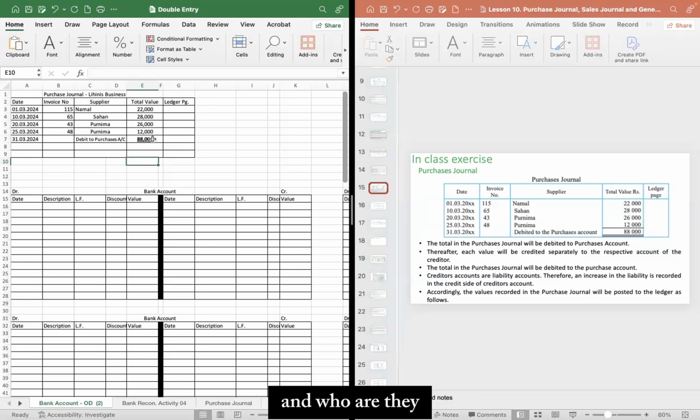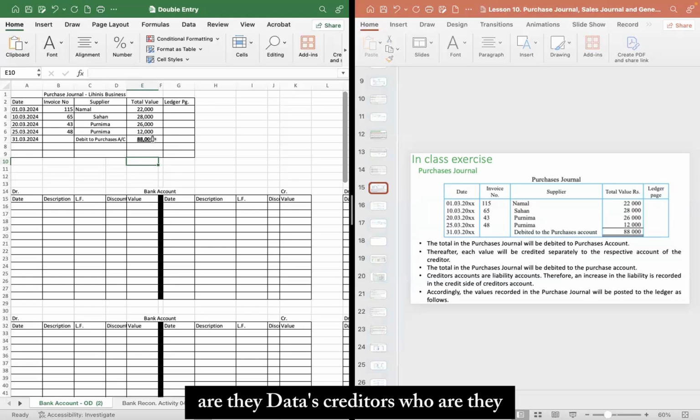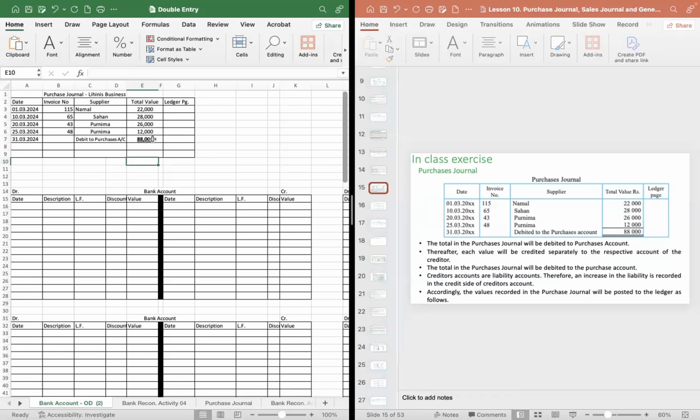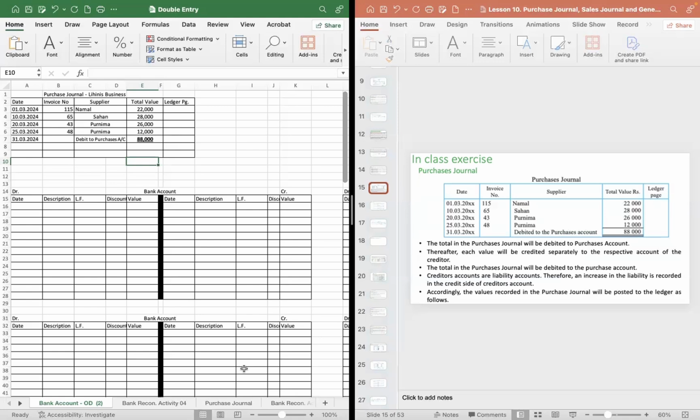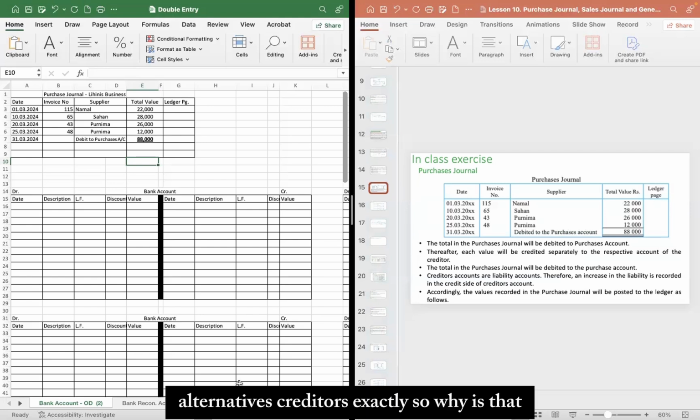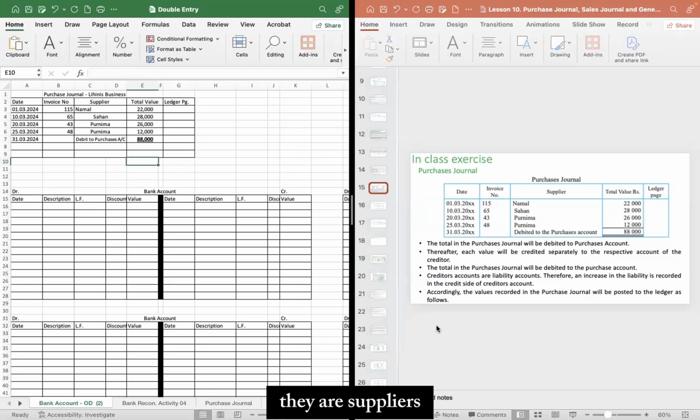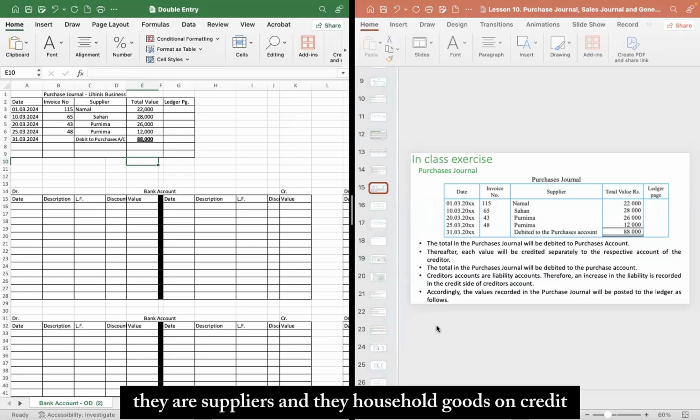Are they debtors or creditors? Well, give me an answer, guys. Who are they? Creditors, exactly. Why is that? They are suppliers and they have sold goods on credit.